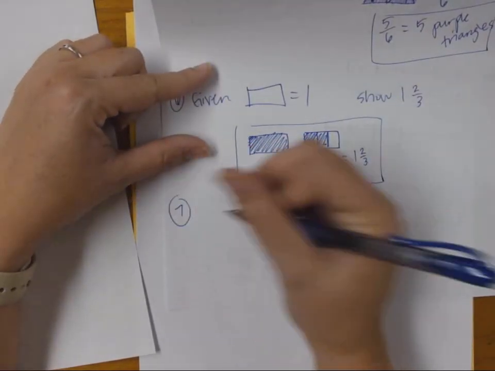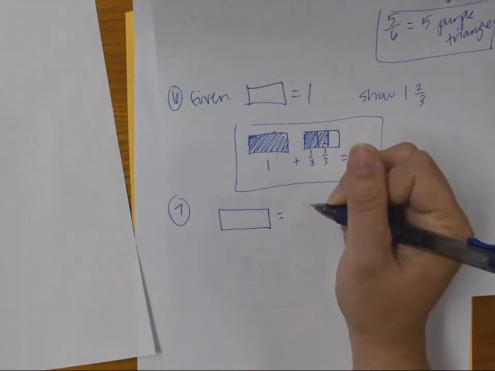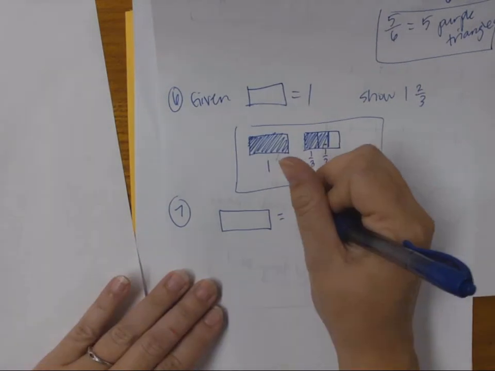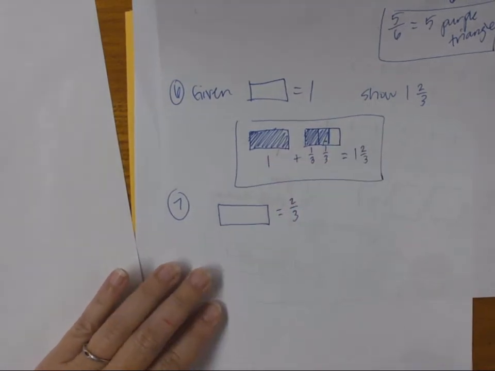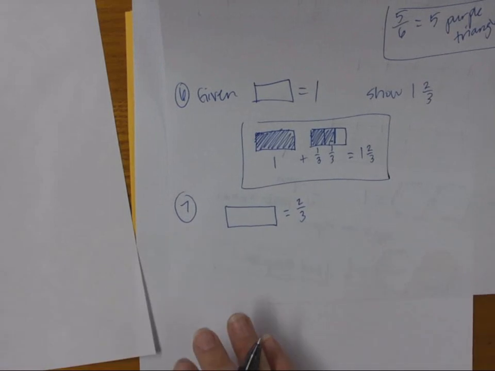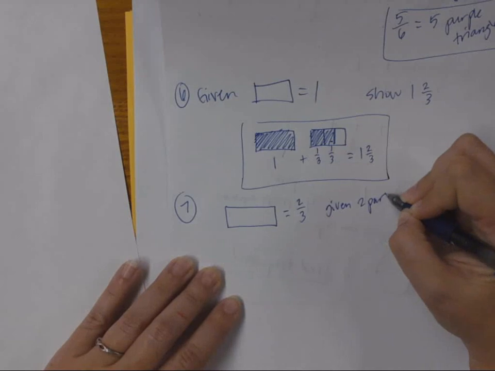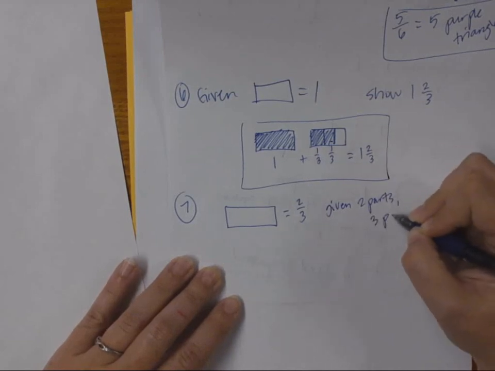If you look at number 7, you were given that this rectangle represents 2/3. So if you think about it, 2/3 means I was given 2 parts and 3 parts make a whole.